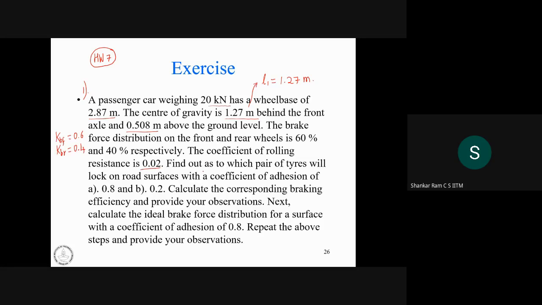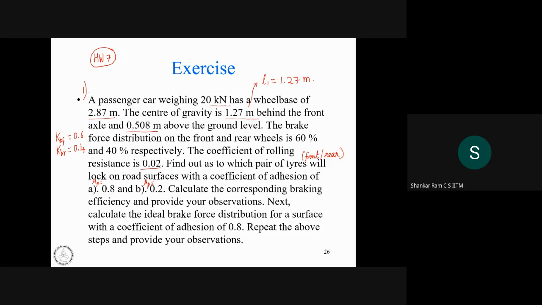Now, what I want you to do as a first problem in this homework is find out which pair of tires, either the front or the rear, will lock first on road surfaces with coefficient of adhesion or friction equal to 0.8 and 0.2. So first you consider mu p equals 0.8, and then you consider another surface where mu p equals 0.2.